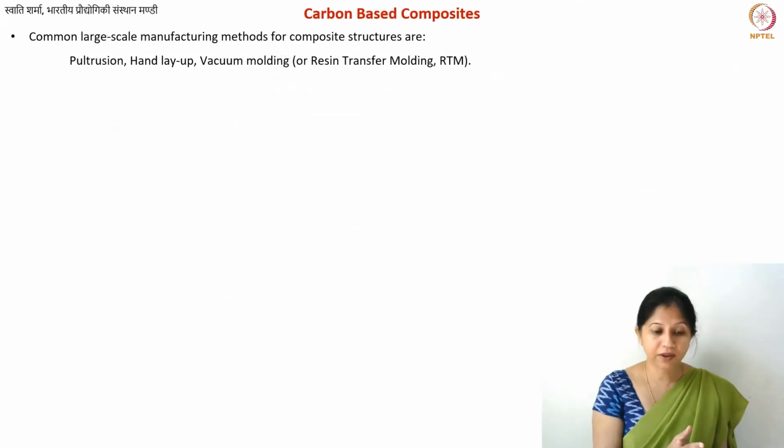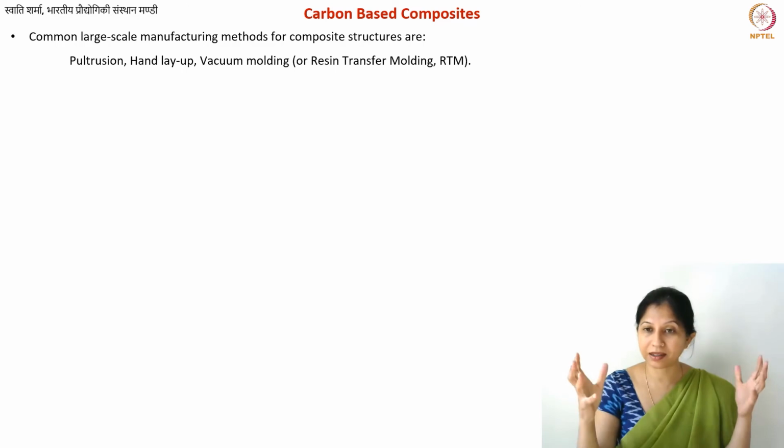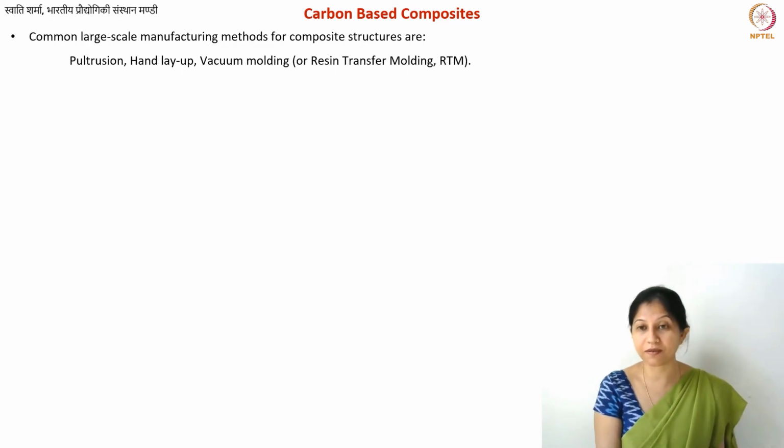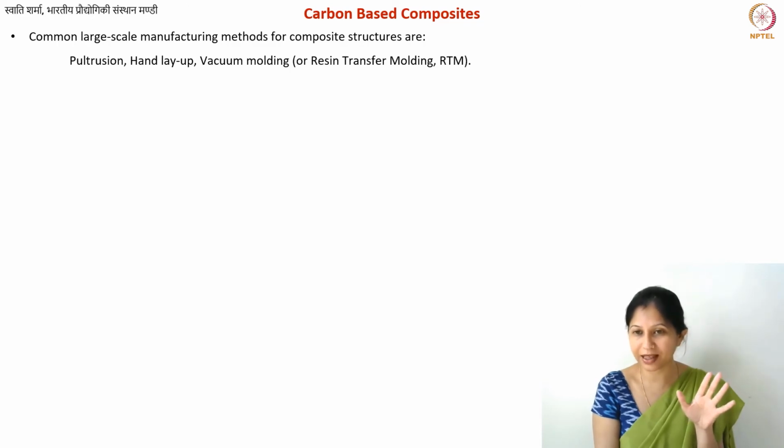So once you have the fabric, now how do you make the large scale composite structure? As in the case of other carbon materials, the fabrication of structure is done with the polymer itself rather than with carbon. But here the slight difference is that we already have carbonized fibers, and then we are giving it a shape.